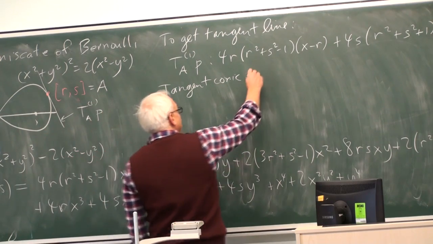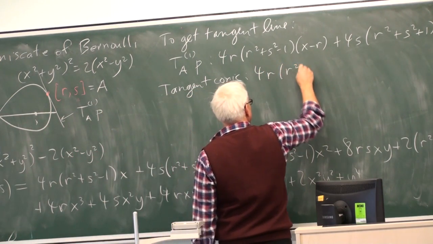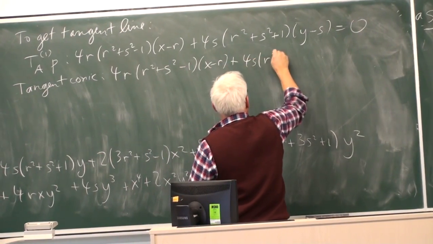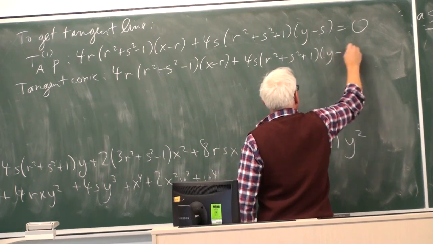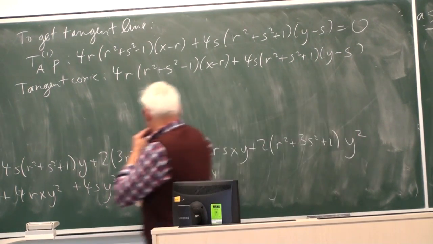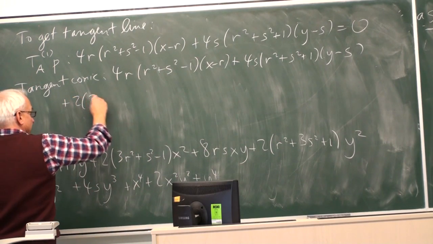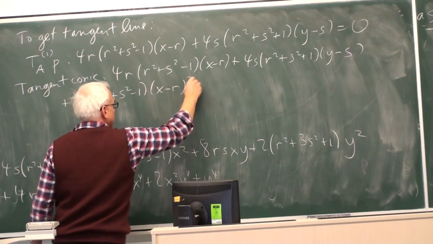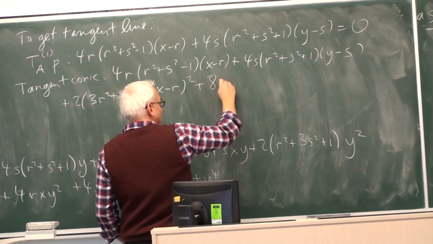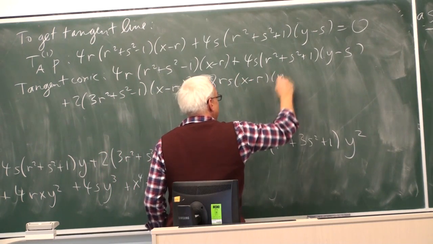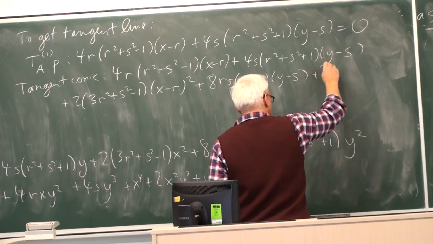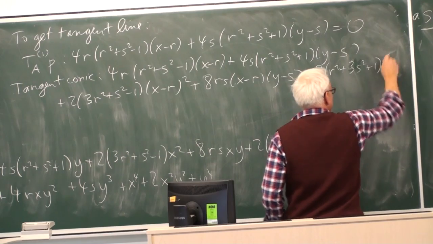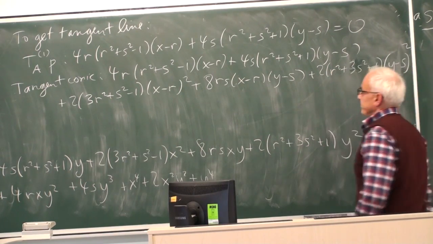So it's going to have equation 4r(r squared plus s squared minus 1) times x minus r, plus 4s(r squared plus s squared plus 1) times y minus s, plus 2 times (3r squared plus s squared minus 1) times (x minus r) squared, plus 8rs times (x minus r) times (y minus s), plus 2 times (r squared plus 3s squared plus 1) times (y minus s) squared.